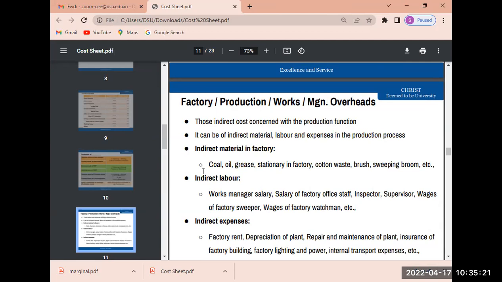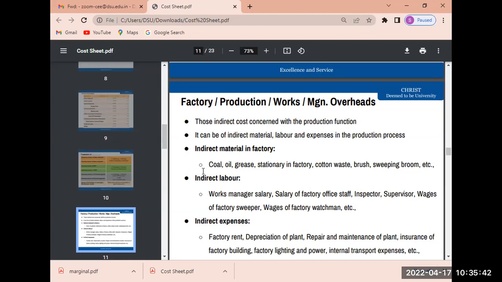These are the examples. Indirect material in factory: coal, oil, grease, stationery in factory, cotton waste, brush, sweeping broom, etc. are the indirect materials used in the factory. Indirect labor: works manager salary, salary of factory office staff. In the factory also you'll have one office.